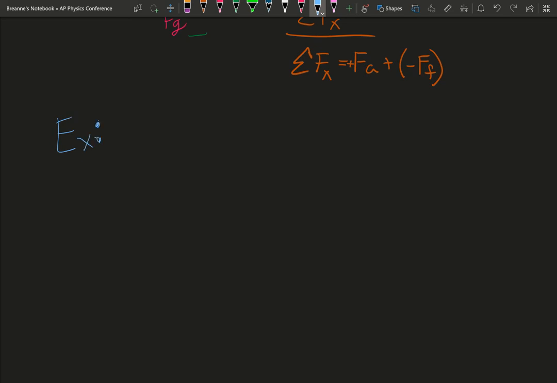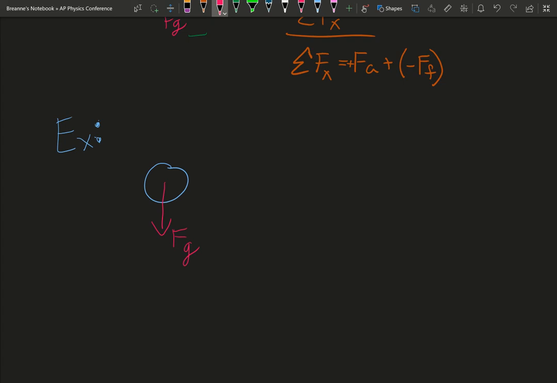So, another example. A ball falling in the air. The ball's just falling. So what force is always there? Hopefully you said force of gravity. Force of gravity should always be present.